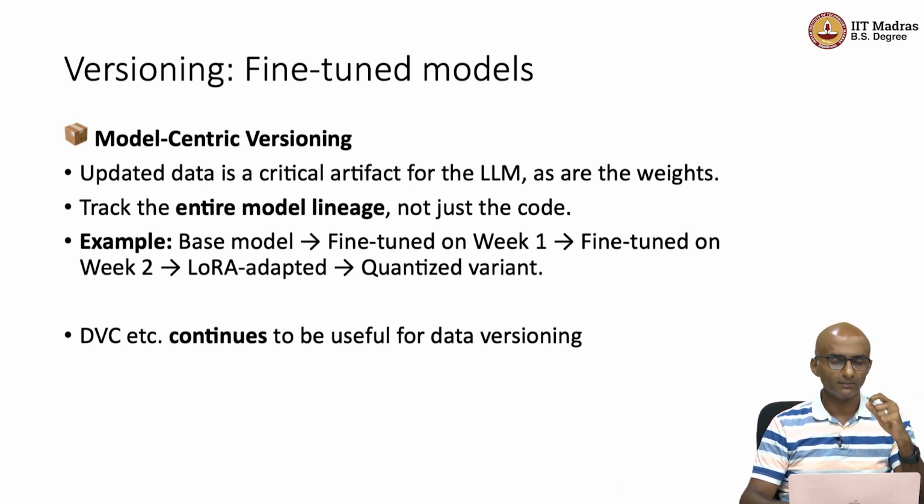But with classical ML, we spoke about how the right approach might be to version the code, not the model. Only for large models does it make sense to look at model versioning. So here, for fine-tuned models, we would most likely use model versioning, not code versioning, because these models are very large in size. So model-centric versioning is what we would recommend.